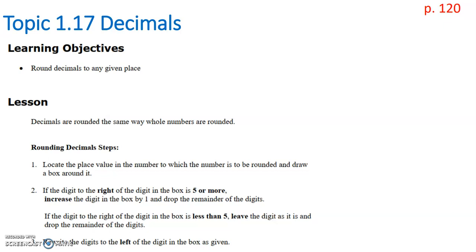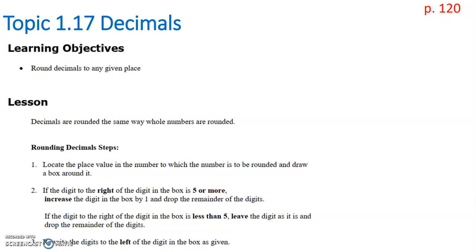If the number is a 5, 6, 7, 8, or 9, that means we round up by increasing the digit by 1, and then the remainder of the digits become zeros in whole numbers, but in decimals we drop them. We don't actually put zeros in at all on the decimal side.